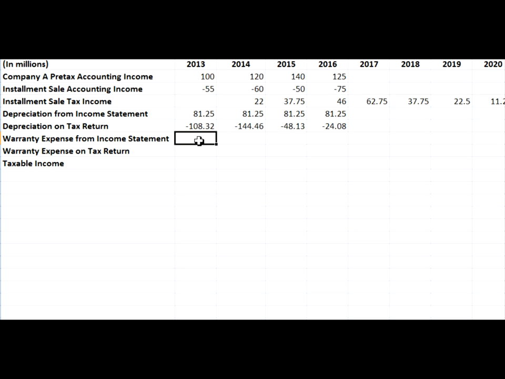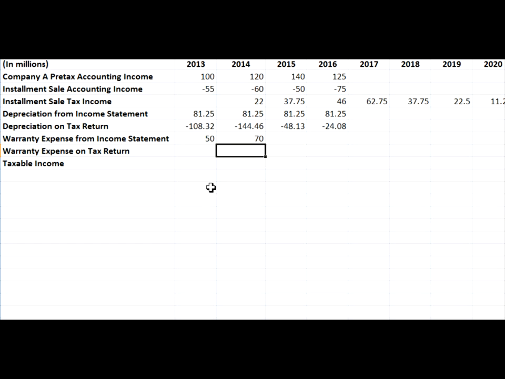So now we have the warranty expense. So according to the problem, they had two warranty expenses, one in 2013 of $50 million and one in 2014 of $70 million. And they are accounting for these respectively, which were paid at 50% in each of the following 2 years.